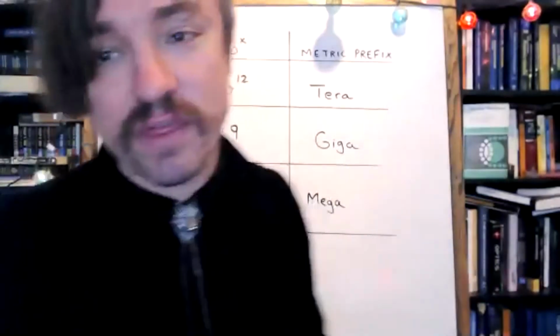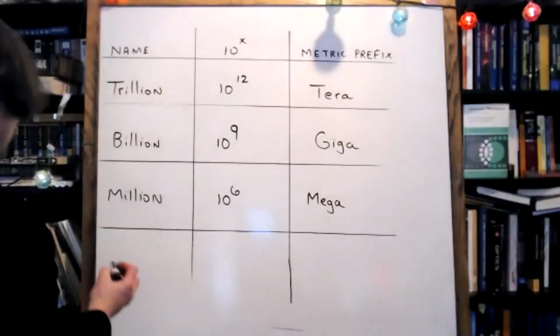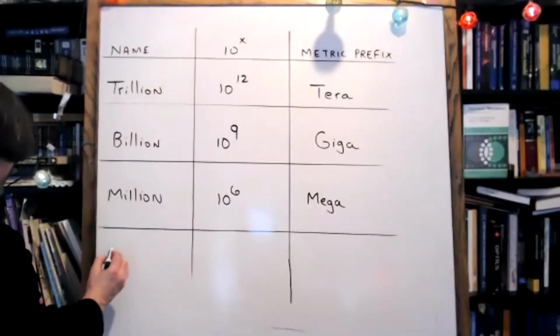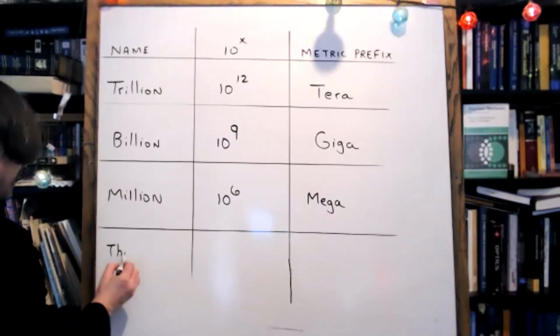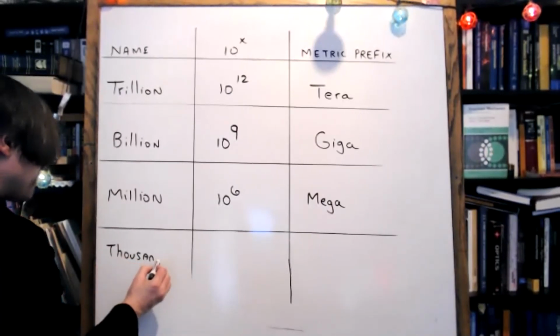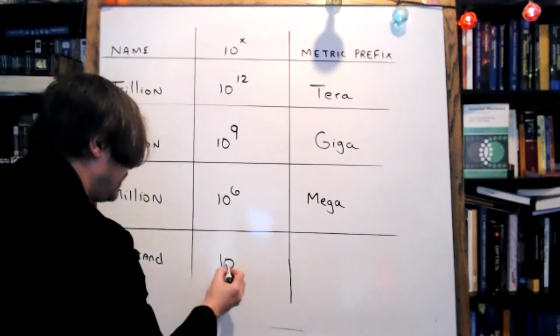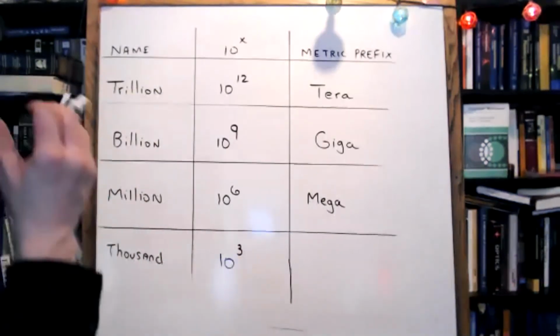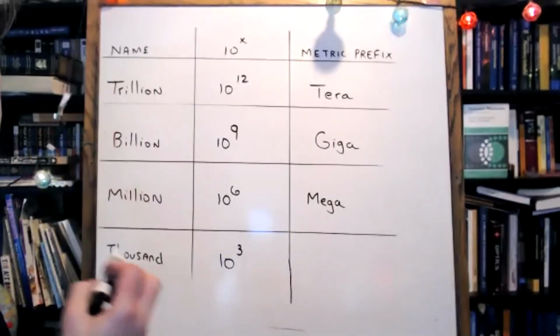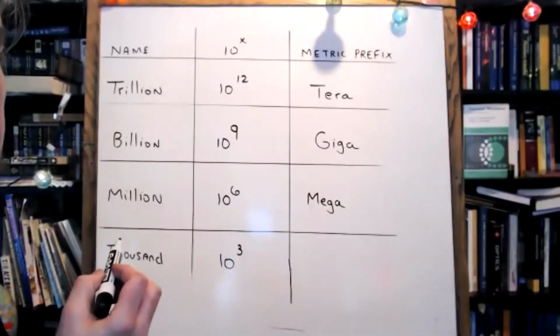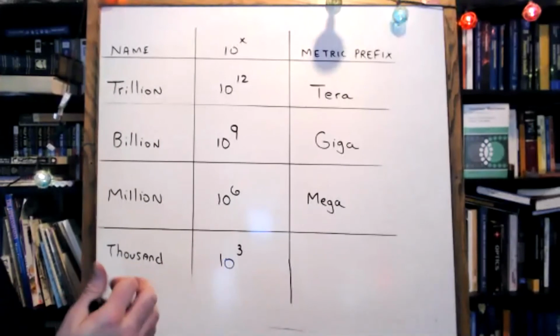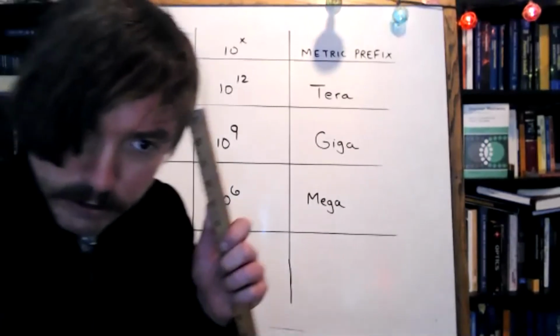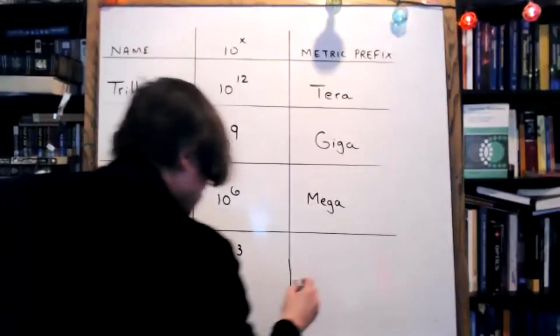We're getting our money's worth. And lastly, 1,000. That's 10 to the power of 3, or 3 zeros. What's the metric prefix? Kilo. Yes. Okay.